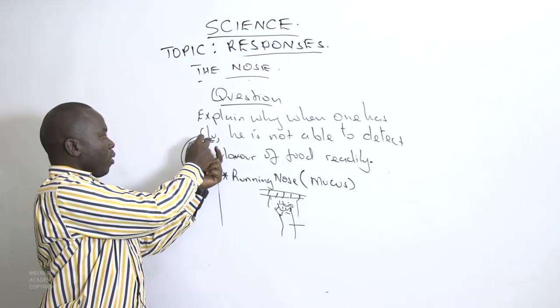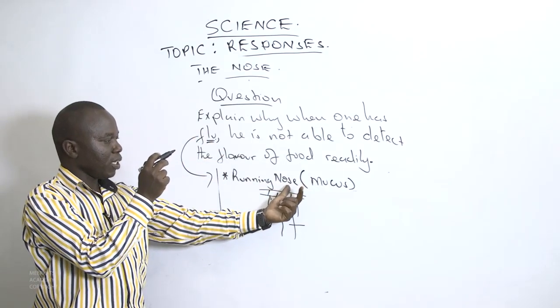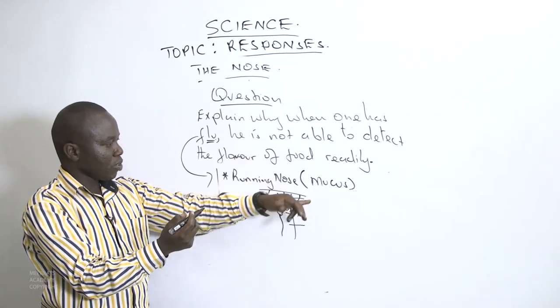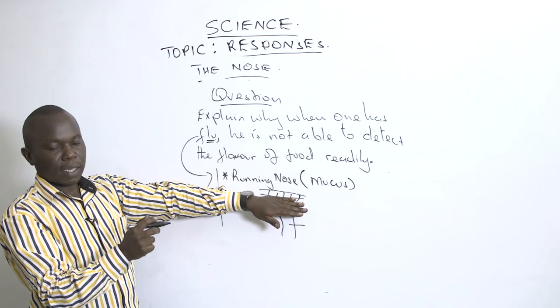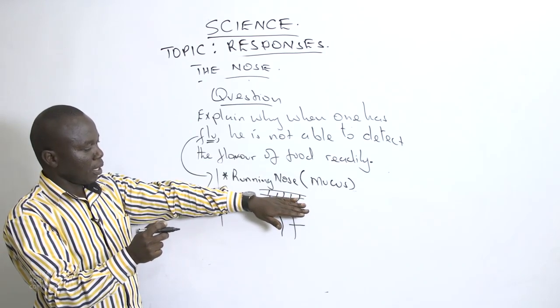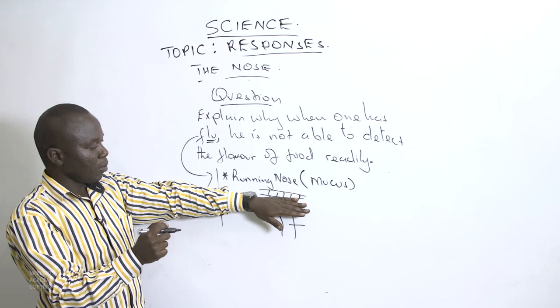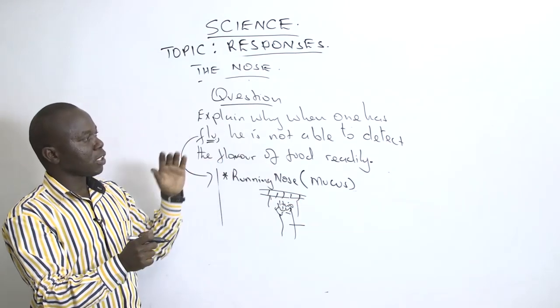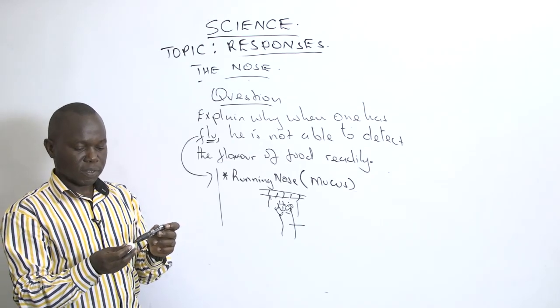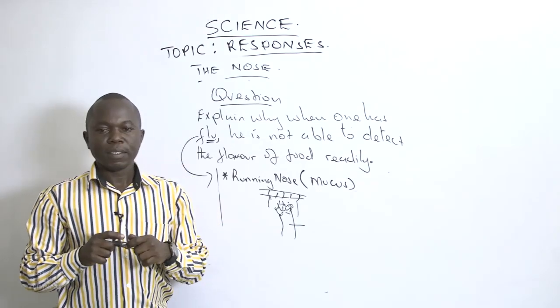So that's why when you have flu, because of the running nose or high concentration of mucus in the nasal cavity, it blocks the hairs. And when the hairs are blocked, there will be no stimulation to generate an impulse for detection of different kinds of smell. So we can stop there.